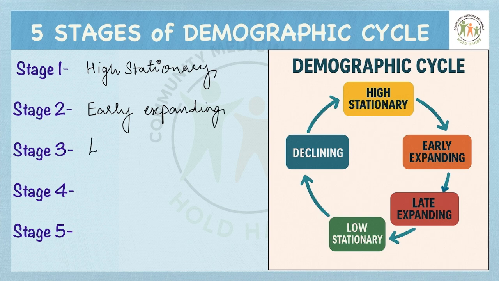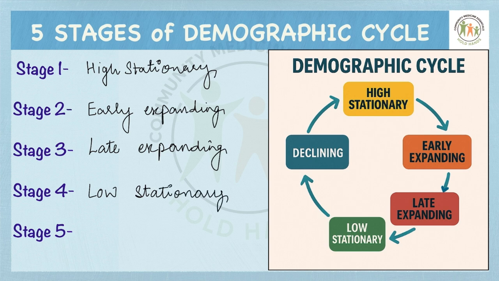Stage 3, late expanding. Stage 4, low stationary. Then stage 5, declining. You can see these stages of demographic cycle in this picture.